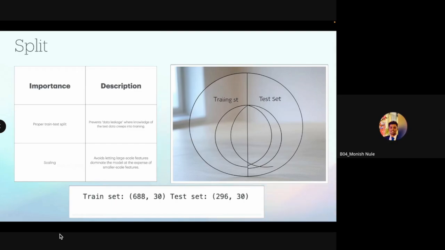If we don't maintain the balance, we might end up with a biased model. So we scale the features to avoid the larger scale dominating the smaller scale. Here we can see the train data and the test data.